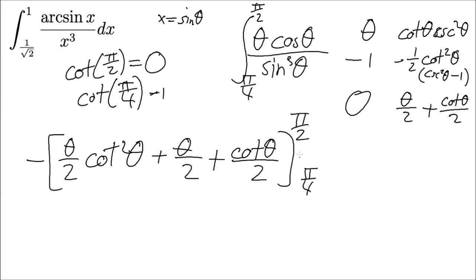Cool. So then this is just negative pi over 2, plug in pi over 2 here is pi over 4. So we get minus pi over 4. Minus, and then plug in pi over 4, we get pi over 4, pi over 8.